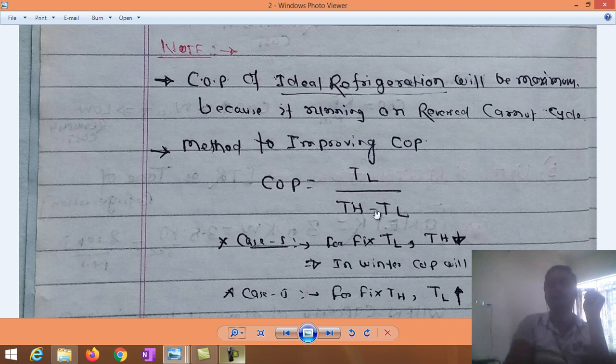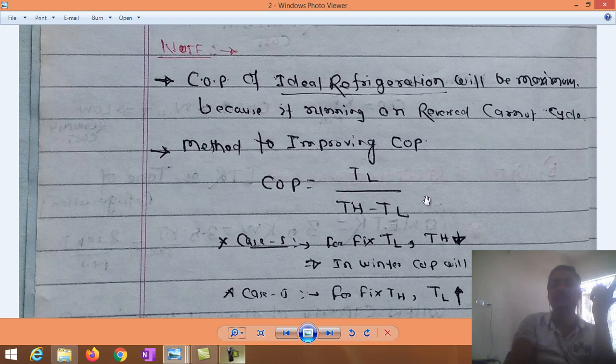If TL is fixed and you decrease the TH, then this denominator will be less. If TH is less, denominator will be less, and because this TL is fixed, in this condition the COP will improve.